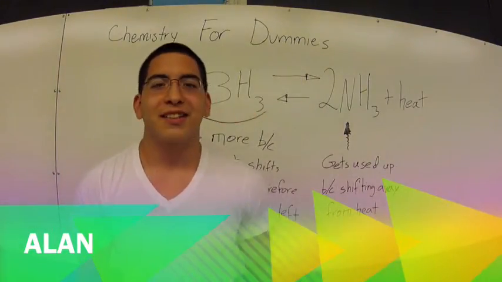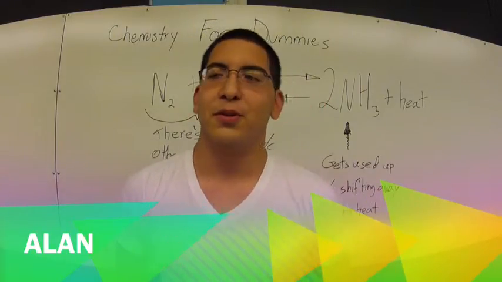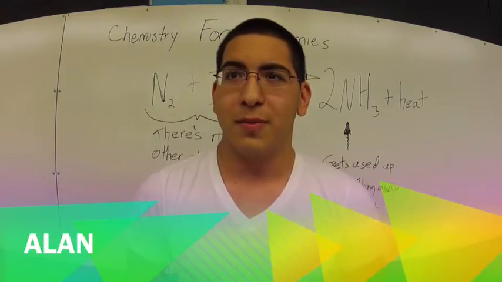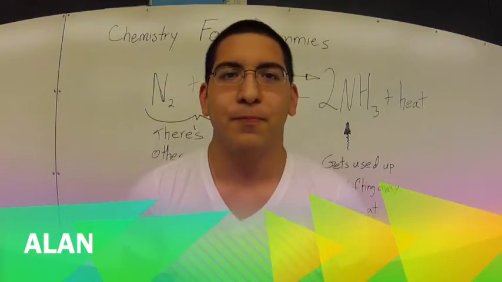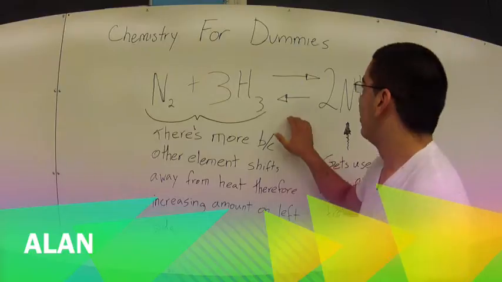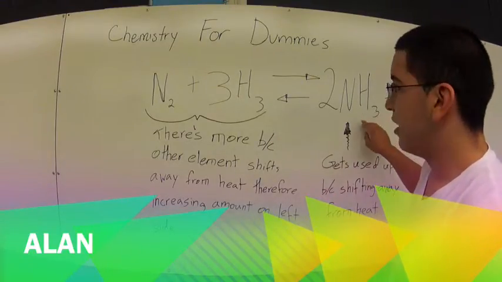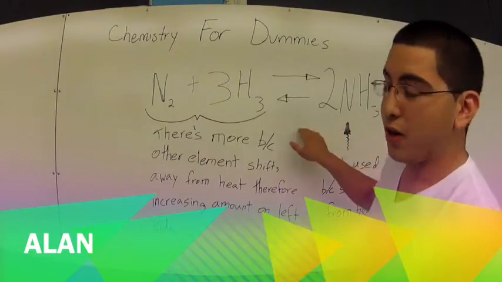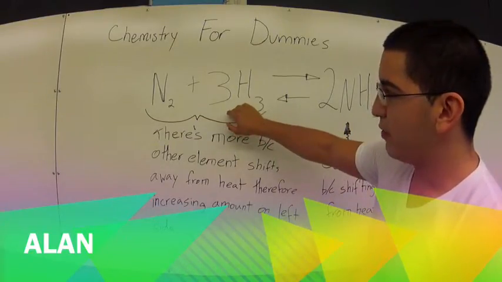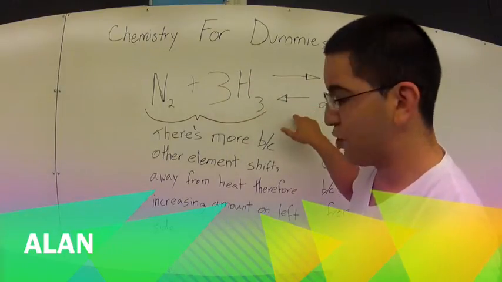Hi. Today, the section I will be discussing with you is equilibrium and its shift when temperature is applied. As you see here, when heat is applied to an element, that element will cross over to the other side and raise these elements, therefore causing a shift in equilibrium.